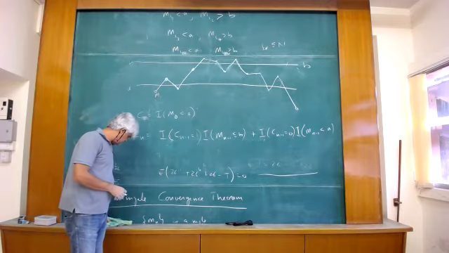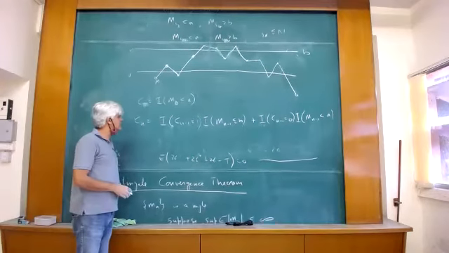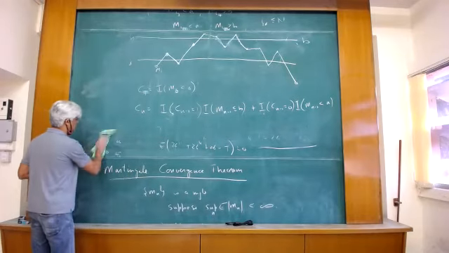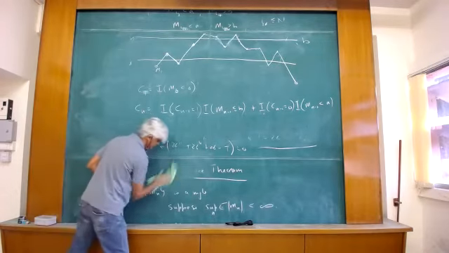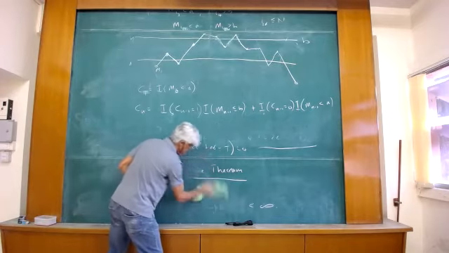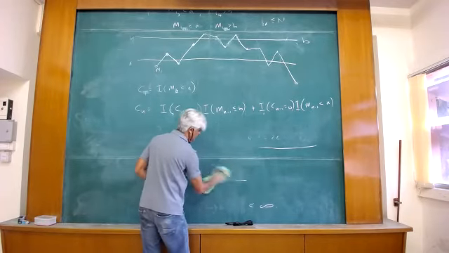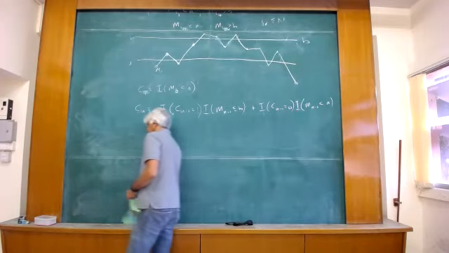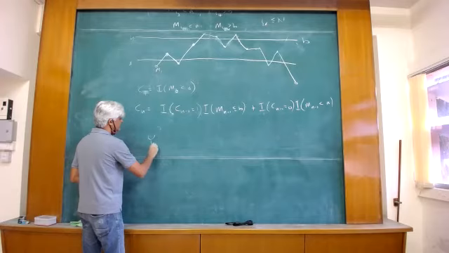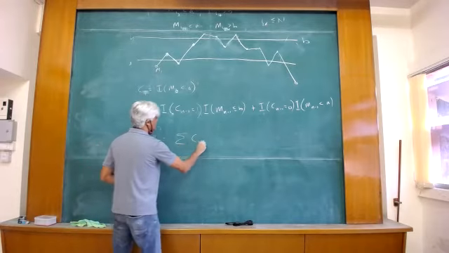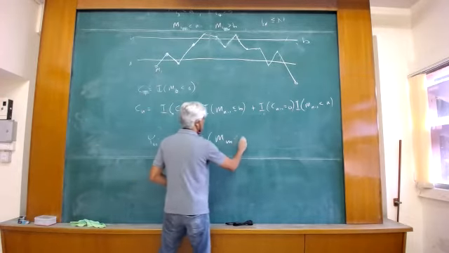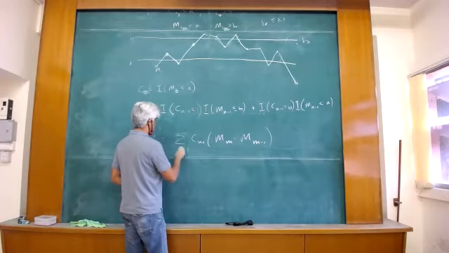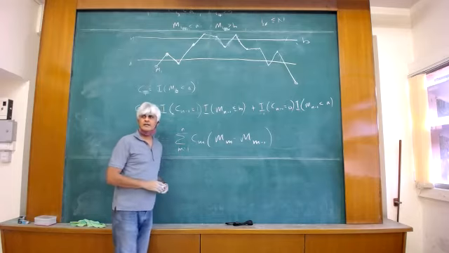Okay, so now my winnings with this is going to be another martingale, which is Yn, equal to the summation from 1 to n of Ck times Mk minus Mk minus 1.